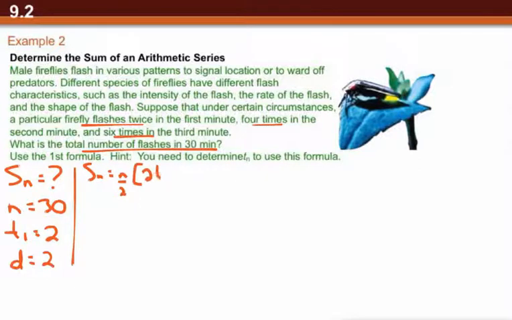So use the first formula. Fill in what we know.